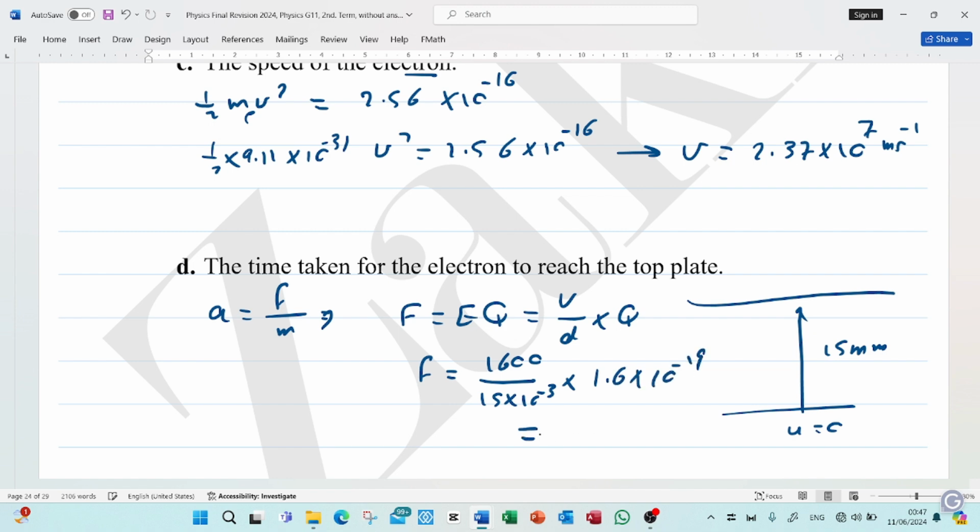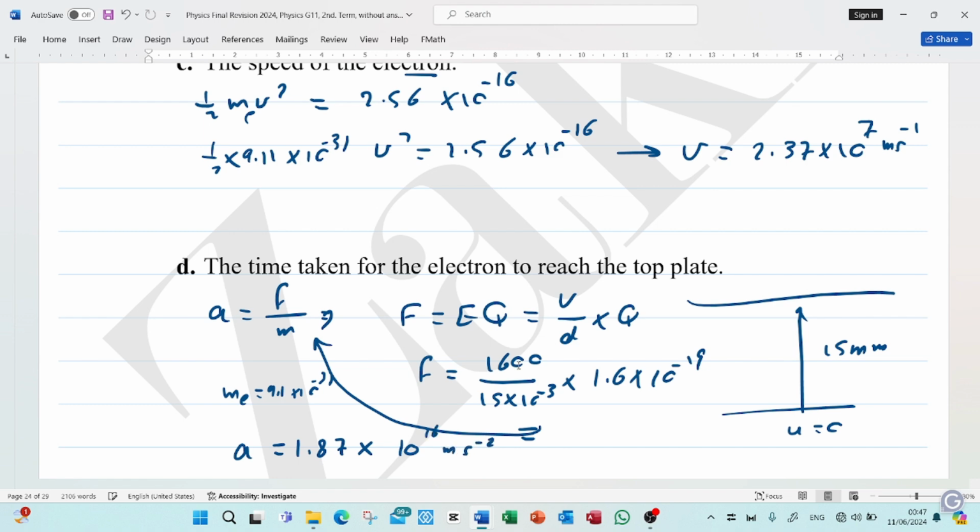We can calculate the force from this formula, then we can get a. By substitution for the force and the mass of electron, 9.1 times 10 power negative 31, the acceleration will be 1.87 multiplied by 10 to the power 16 meter per second squared.